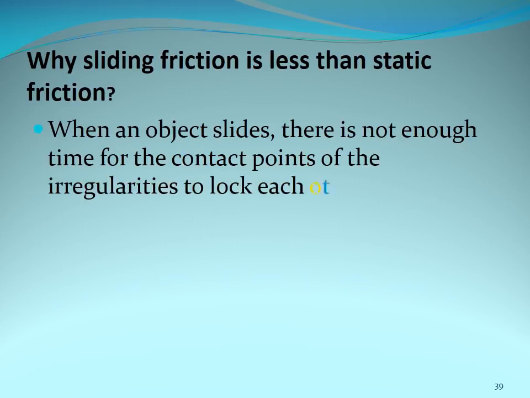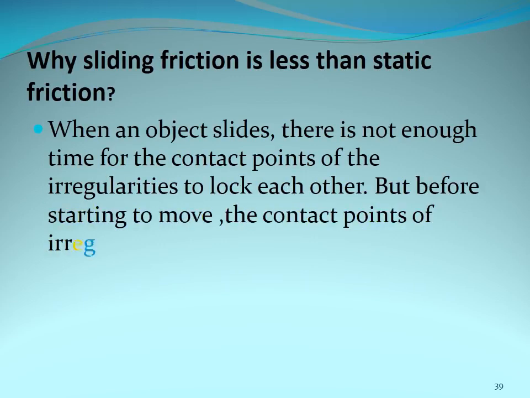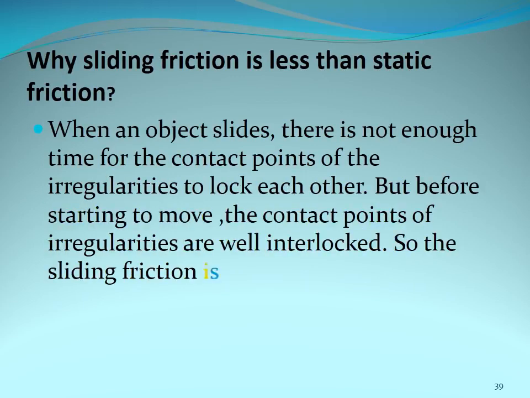Sliding friction is less than static friction. Why is it so? When an object slides, there is not enough time for the contact points of the irregularities to lock each other. But before starting to move, the contact points of the irregularities are well interlocked. So, the sliding friction is less than static friction.